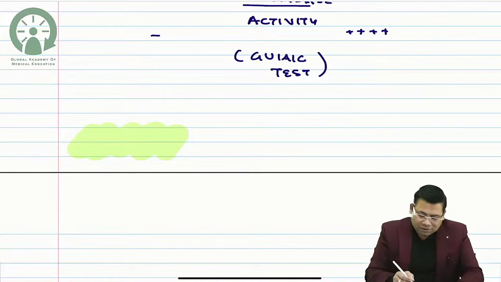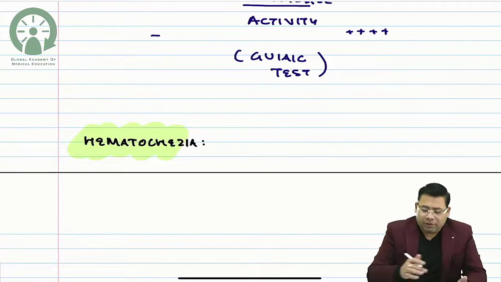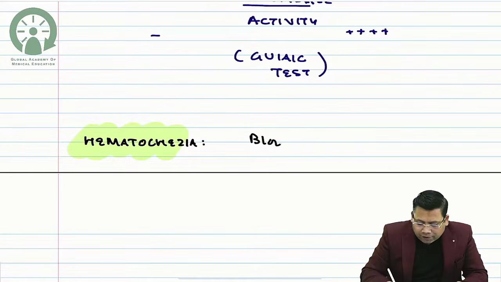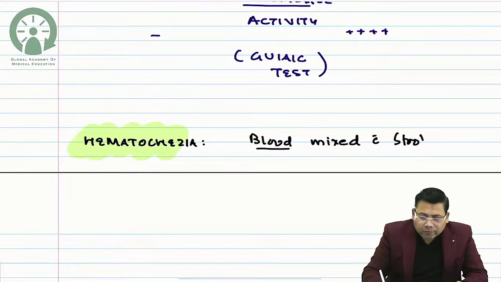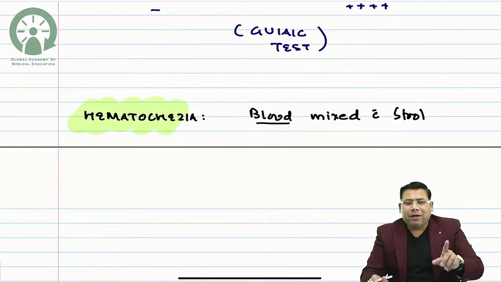There are two terms, so let us talk first about hematochezia. What is hematochezia? This is stool admixed with fresh blood, so blood mixed with stool. It is very important to understand blood mixed with stools, because many of you are convinced that every bleeding PR is hematochezia.